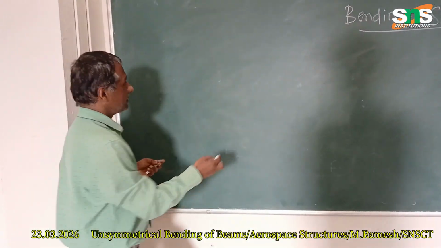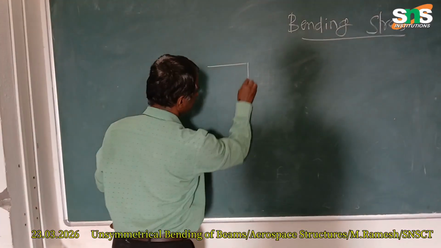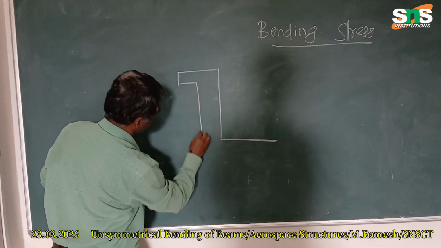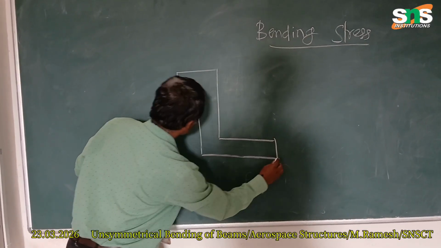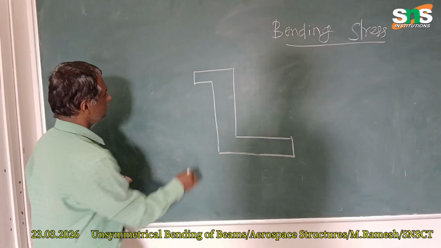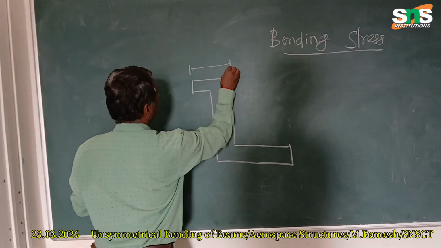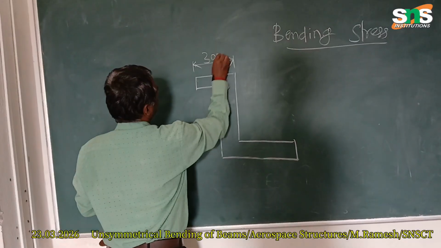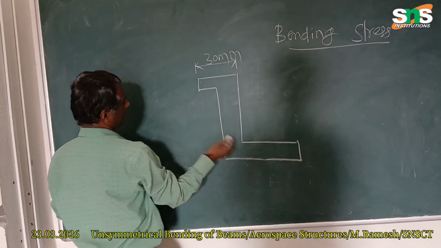First, let's take our unsymmetrical section, the Z section. Let's take the edge section. This is 30 mm with a uniform thickness.